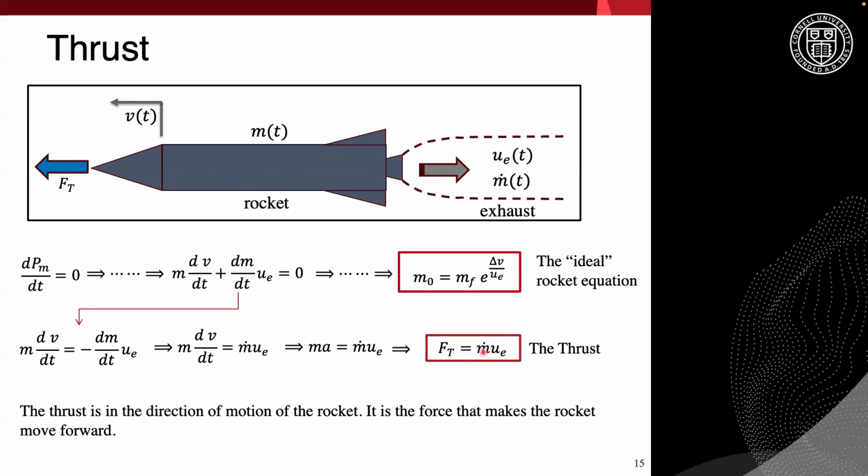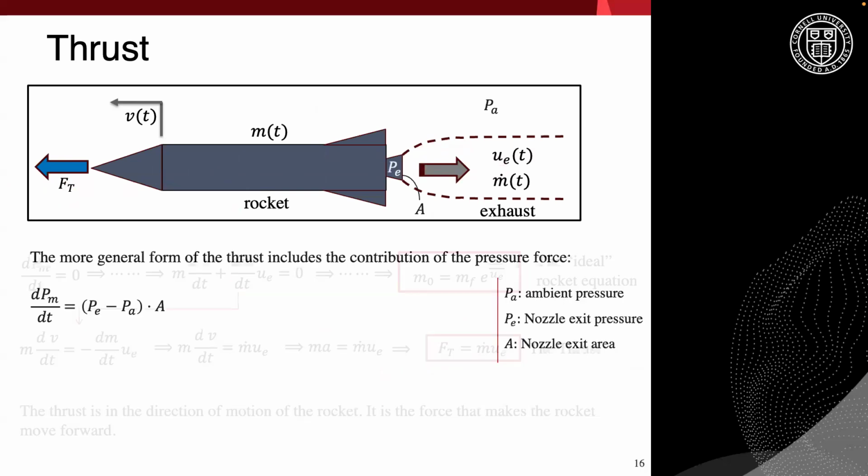However, this is a simplified expression of the thrust, because there is a more general form that includes the contribution of the pressure force. So if we have the nozzle here, and PE is the nozzle exit pressure, and PA is the ambient pressure, generally there is a difference between PE and PA.